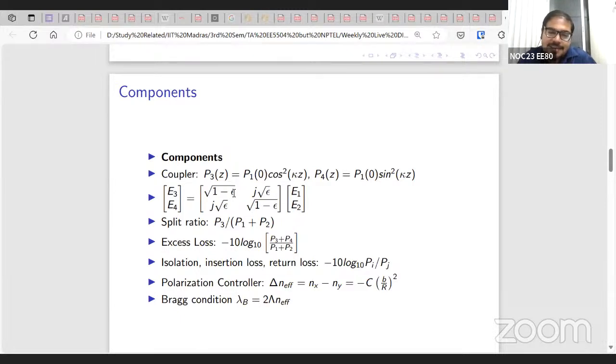You'll be seeing this epsilon equal to 0.5. That becomes a 3 dB coupler. You'll be seeing this next week also.